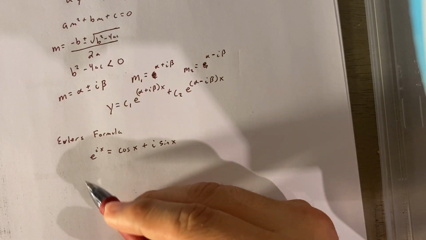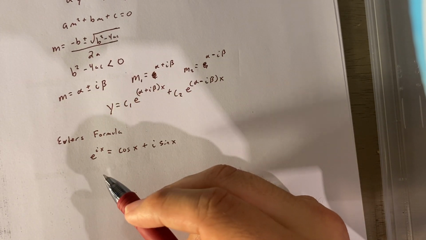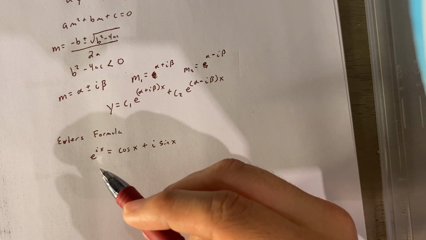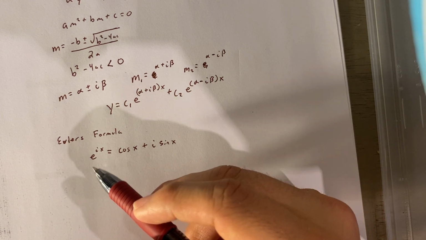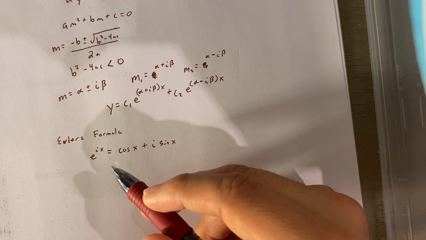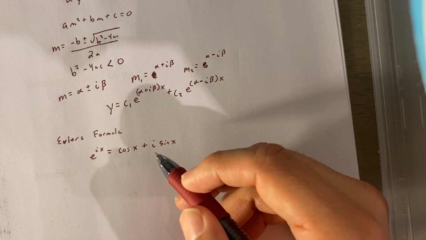And the way that you were able to find this was by doing a Maclaurin series for e to the ix. And this is what we're able to reduce to.